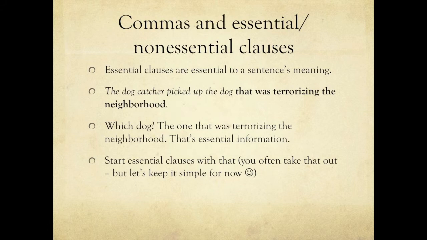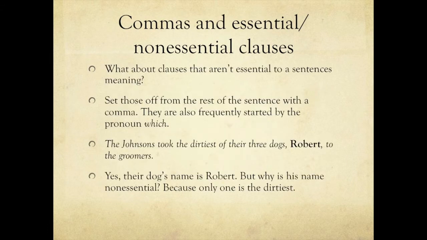All right, so rolling into a little more information here on these clauses and specifically getting into non-essential clauses, we set those off from the rest of the sentence with a comma. Okay? And these are ones that we don't need in order to understand the meaning of a sentence. So the test for that is if you think you have a clause in the sentence that is modifying something, providing some information, and if you take it out and the sentence still makes sense without it, the reader can get the gist of the sentence without that clause in there, then that clause is non-essential.